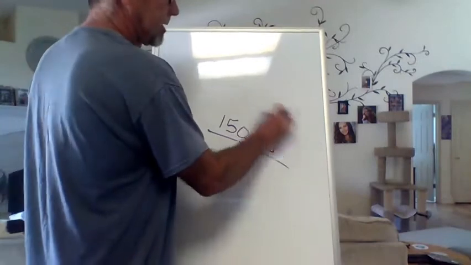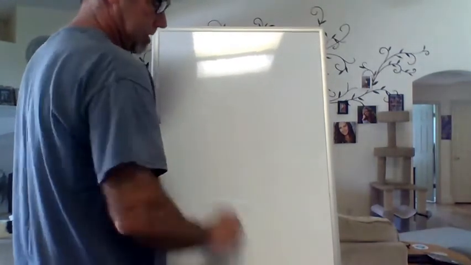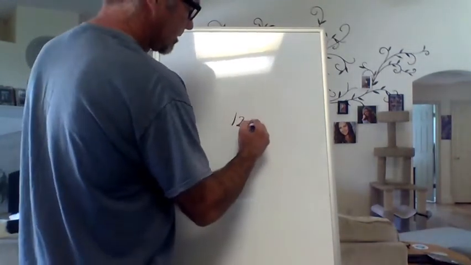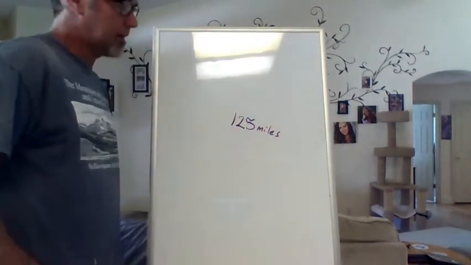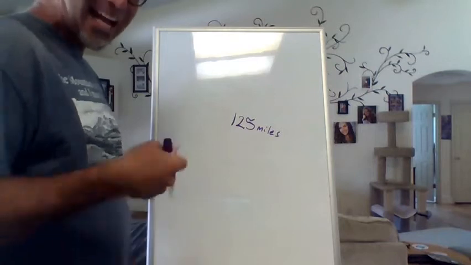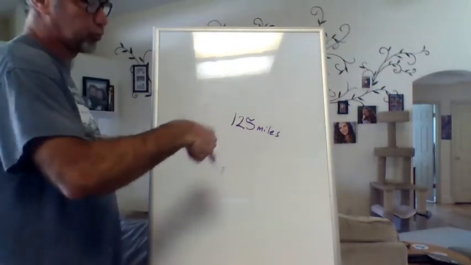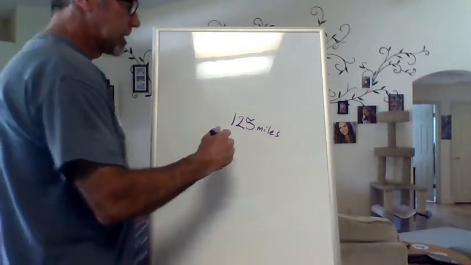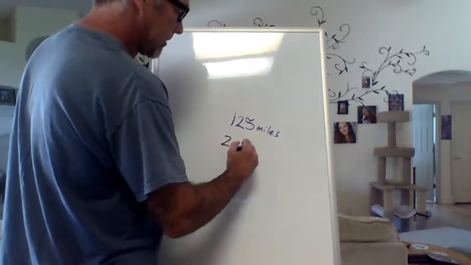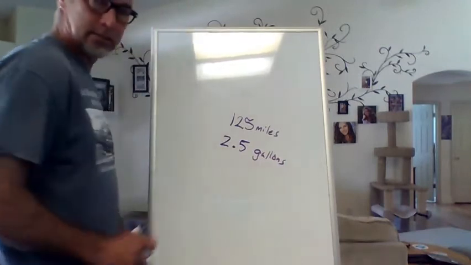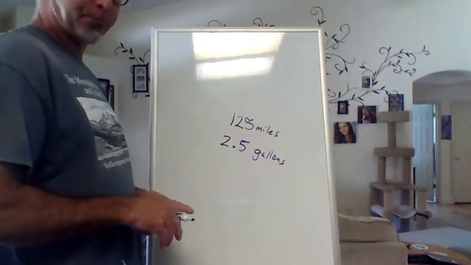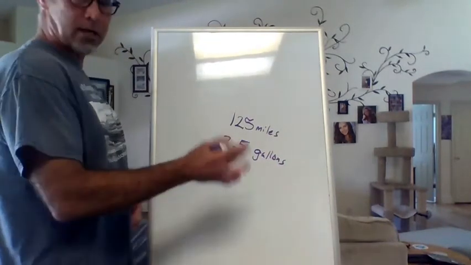So what happened? Well, we traveled 125 miles. Okay. Then he filled up his gas tank and he got 2.5 gallons of gas in it. And he filled it up. So let's talk about this for a minute.